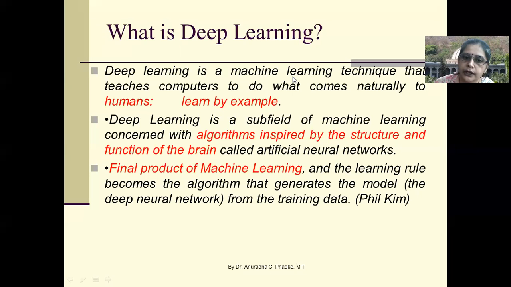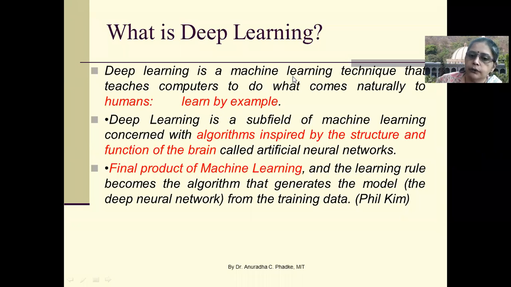Deep learning is a subfield of machine learning concerned with algorithms inspired by the structure and function of the brain. This is basically a special branch of artificial neural networks, and we can say it is the final product of machine learning.